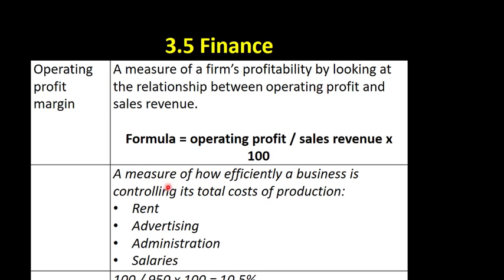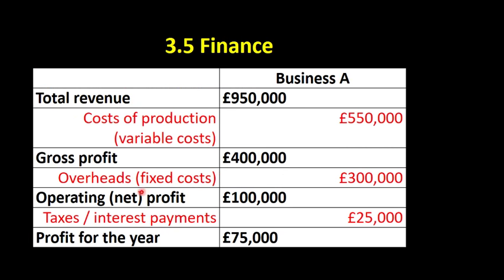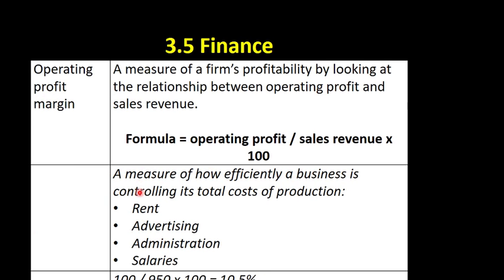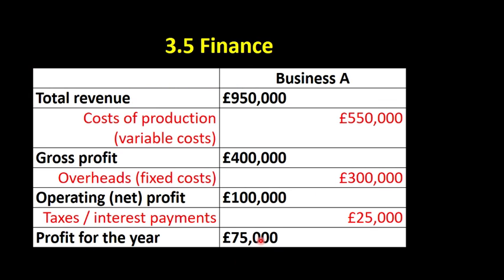So what are we looking at now? We're looking at how efficiently a business is controlling its total costs of production. Now, business analysts will look at the operating profit and the operating profit margin as the core activities of a business. In a way, this is more important than the profit for the year in terms of the business's performance, because this profit for the year figure can be manipulated, can be affected by one-off payments that may not occur in the future.